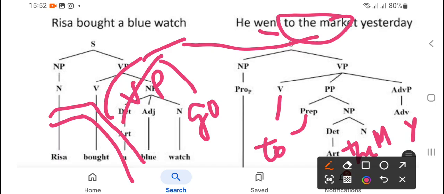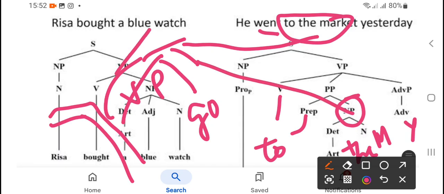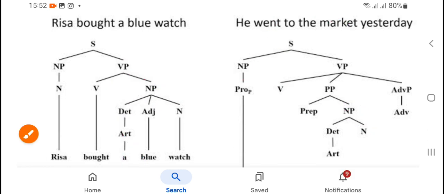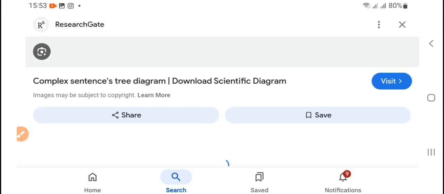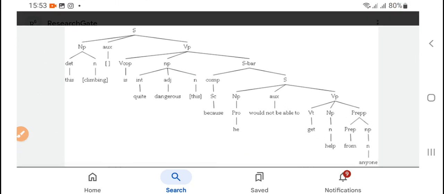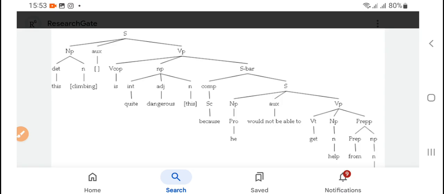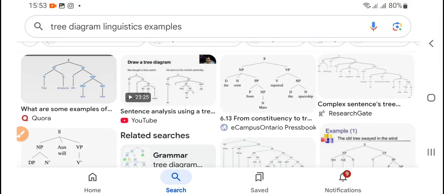In that branch, the sub branch is noun phrase, and then yesterday is another branch. So from verb phrase, three branches are there. I think you will be able to understand what I said, and if you have any confusion you can ask me, right?